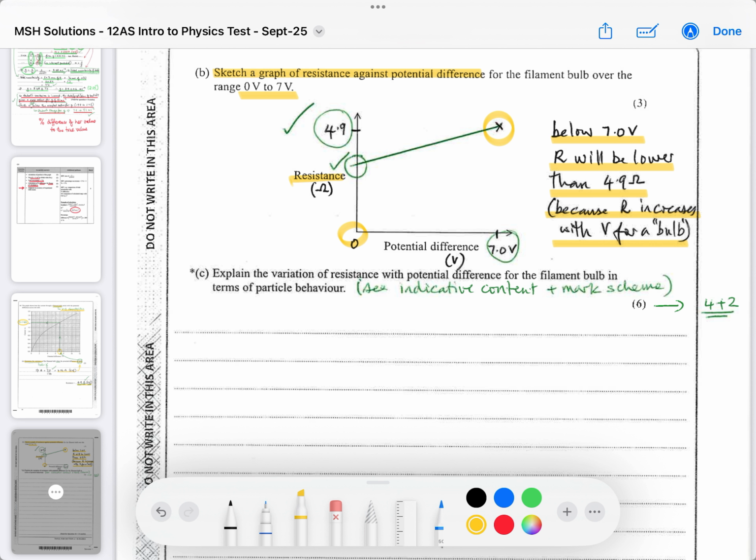And finally, the last bit of this paper is 6 marks for explaining the variation of resistance with potential difference for a filament bulb, in terms of its particle behavior. So they want you to talk about the lattice structure vibrating.